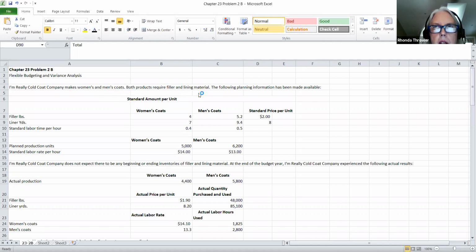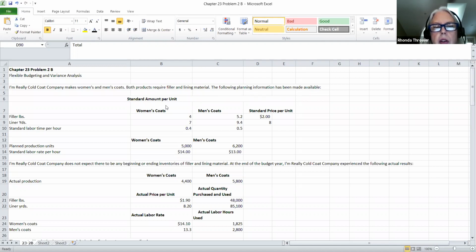So again, we're going to be working with two types of materials, which is a little bit different than they did with the first problem that we did as a recording. And then they had the following planning information that had been made available.